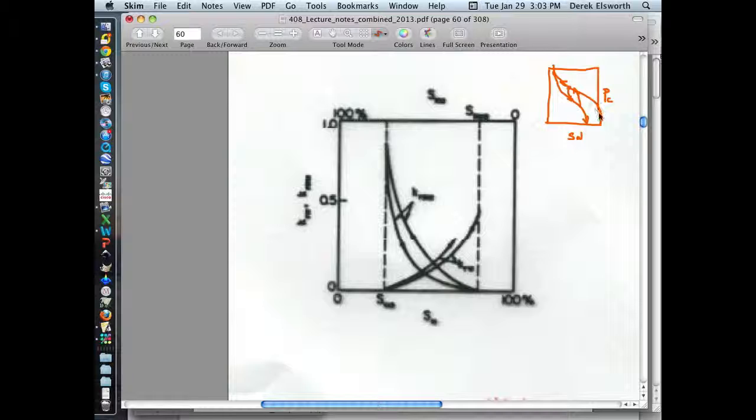Well, in the same way that it matters whether you're draining water or imbibing water to the capillary pressure behavior, it makes exactly the same behavior as if you're talking about relative permeability curves. There's not a unique value of relative permeability. If you're at this saturation, it matters whether you're on this curve going up through this point or if you've been up here and come down.